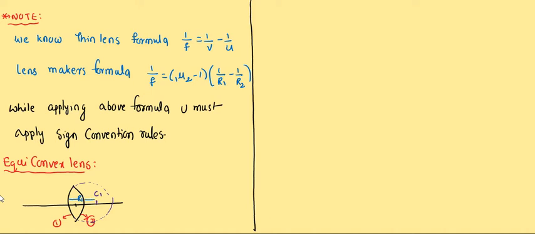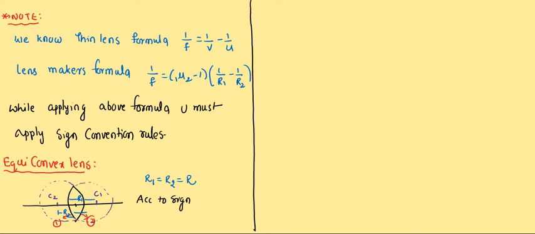For the second surface also you form a sphere. Its center of curvature is C2 and its radius is R2. Equiconvex lens means the radii of curvature must be equal. But according to sign convention, what do we write?